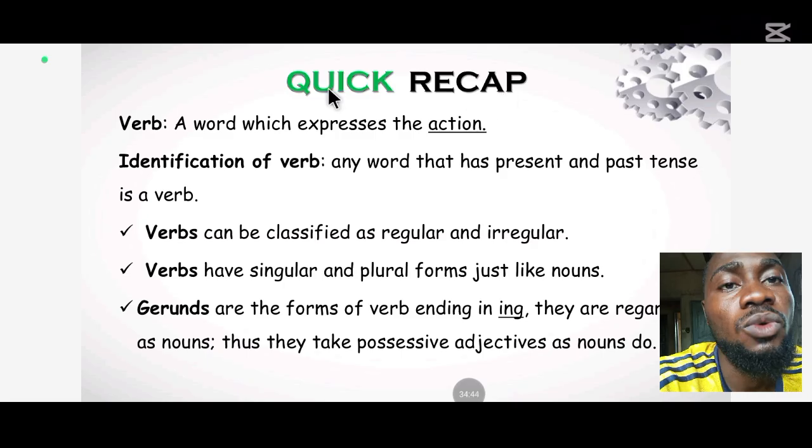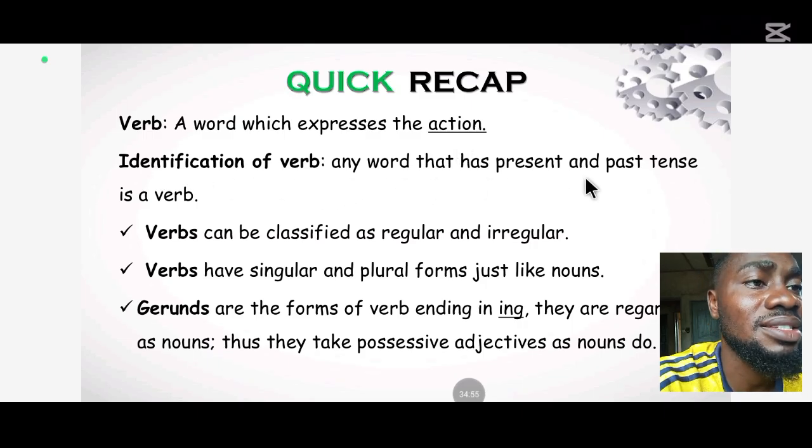Alright, moving on. A quick recap. Verb is a word which expresses action. Do not forget, identification of a verb involves any word that has present and past tense. Verbs can be classified as regular and irregular. Verbs have singular and plural forms, just like nouns.